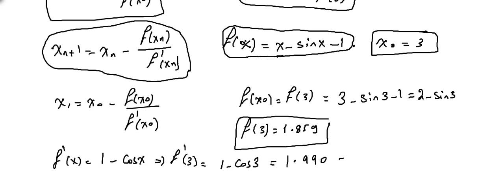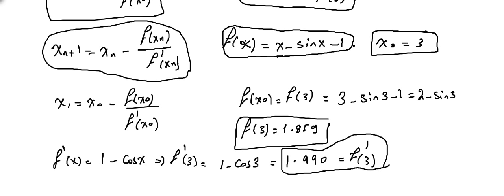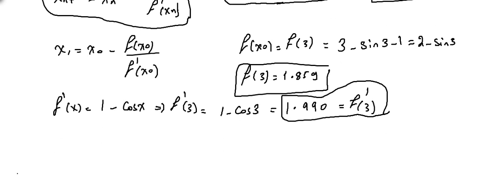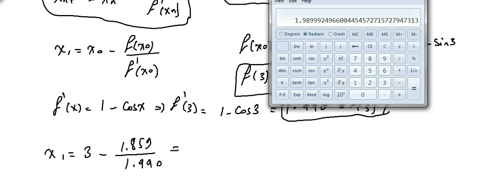So I found these two values. Now let me substitute them in my formula: x1 equals x node, which is 3, minus f of x node, which is 1.859, divided by 1.990. The answer will be 3 minus this value.